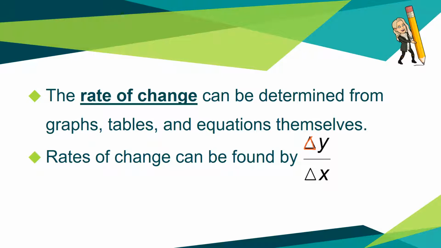So triangle y, we say delta y over delta x, or we say the change in y over the change in x values. So whether you say delta or change in, same thing. This little symbol here is just the delta symbol. That's saying change in y over change in x's. And this is the formula we will use to find the rate of change in our next couple of examples.